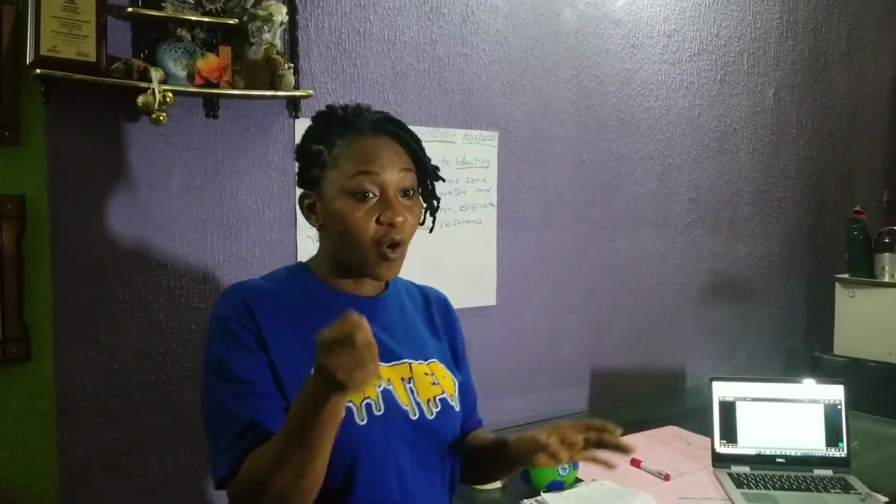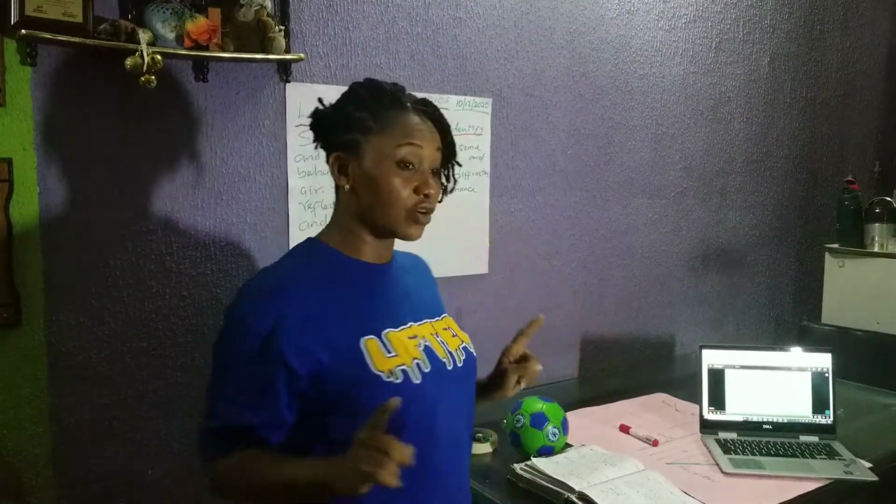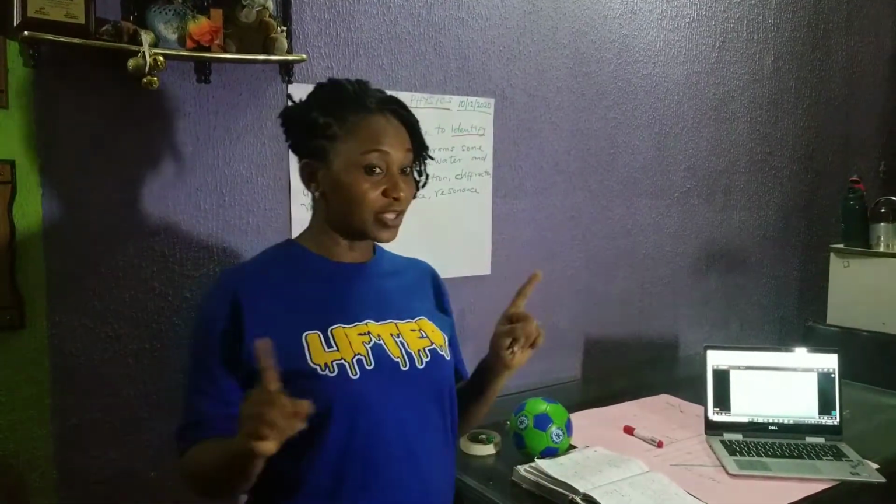If I point a torchlight on a mirror, what do you think happens? It bounces back. It shines back to me towards the same direction. So we want to also see that waves behave the same way. There's a bounce back in the behavior of waves. So we are going to discover what it is called. Are we together? Yes.